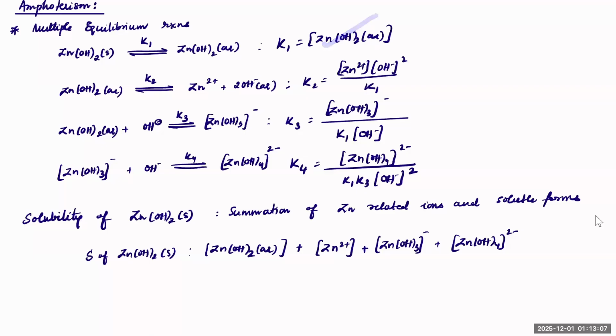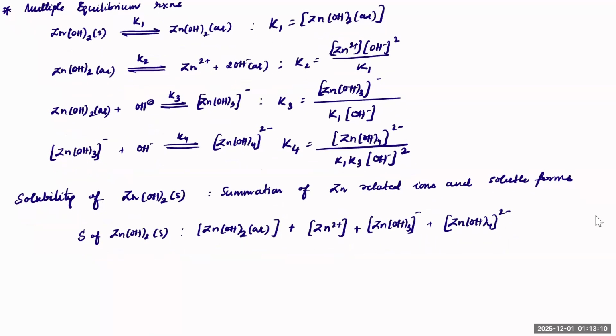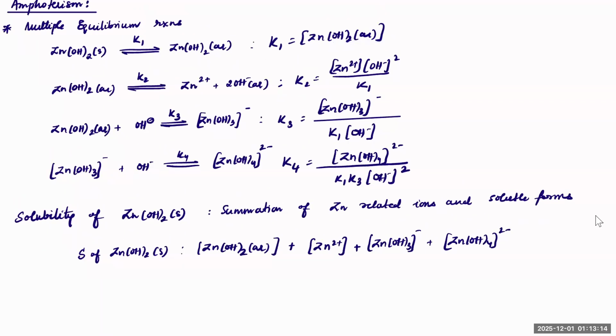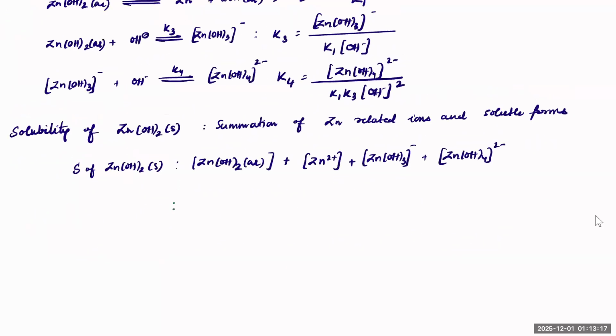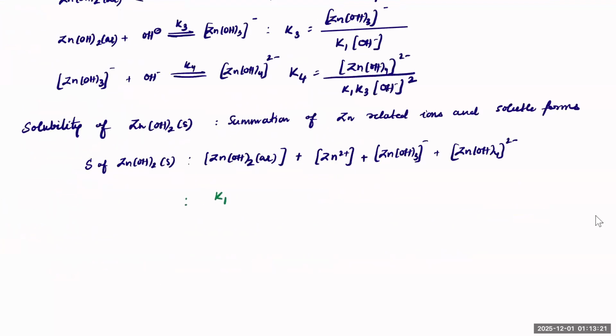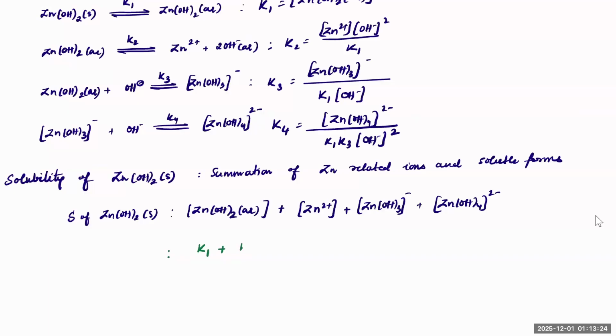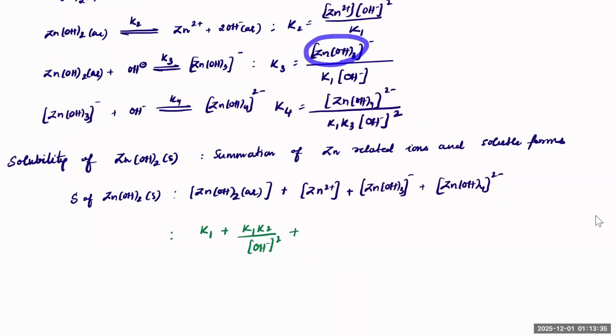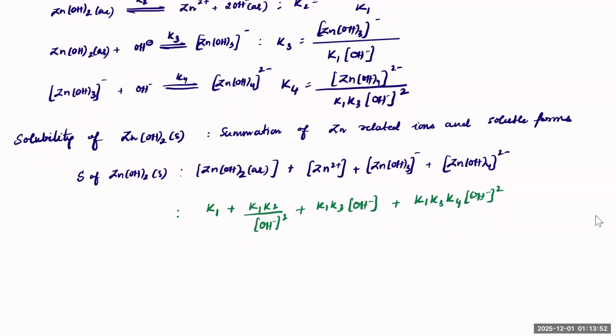So from here, whatever the unknown zinc concentrations, you can write them in these terms. The Zn(OH)2 concentration is K1, plus Zn2+ concentration equal to K1 K2 divided by OH- squared, plus Zn(OH)3- concentration equal to K1 K3 times OH-, plus Zn(OH)4 2- equal to K1 K3 K4 times OH- squared.